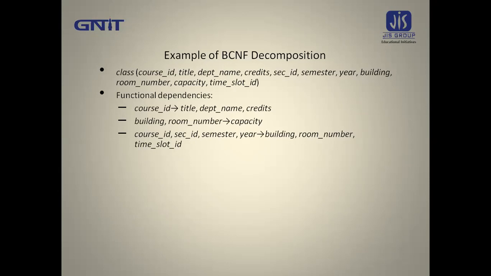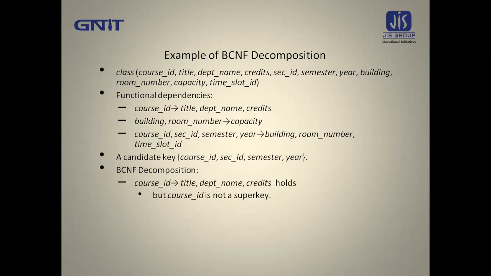We can see that course ID, section ID, semester, year implies building, room number, and time slot ID. So for the class relation having three functional dependencies, let us see how we can decompose it.